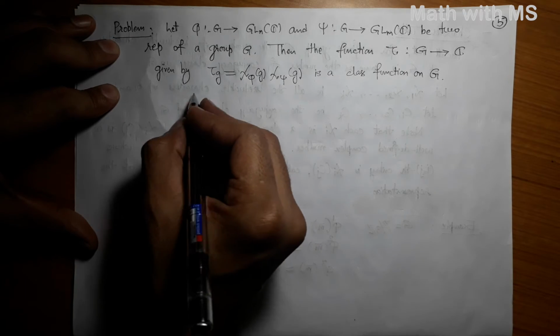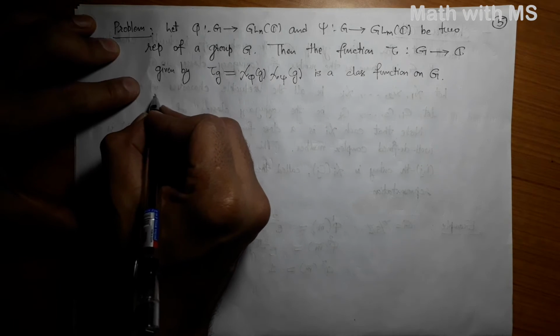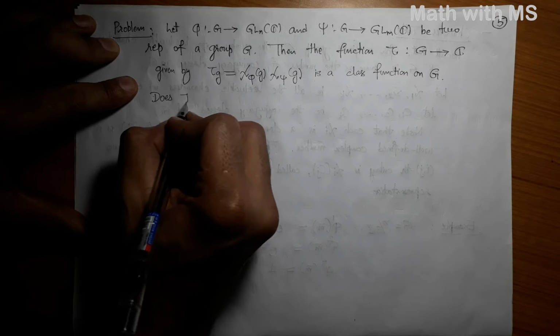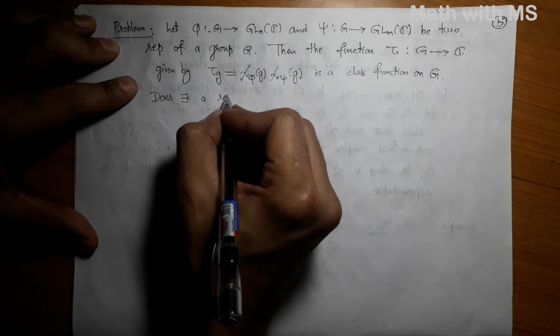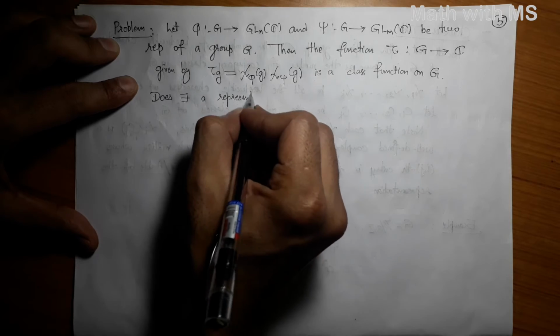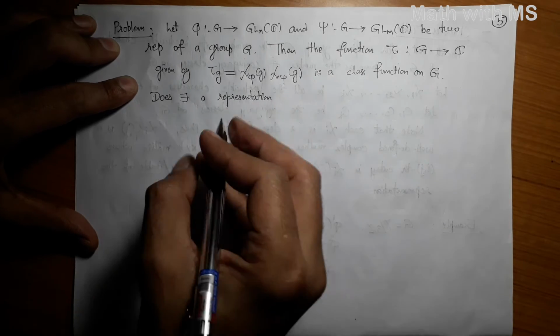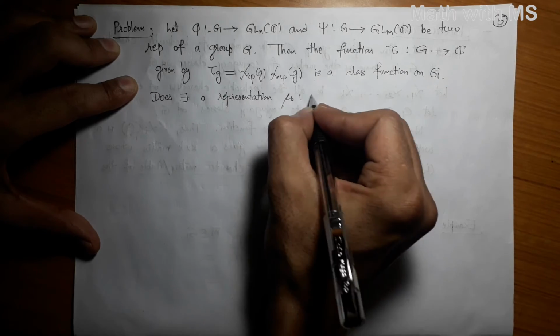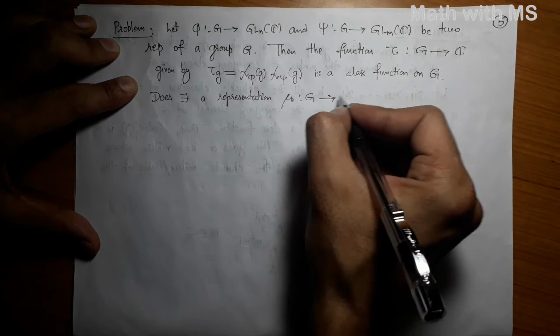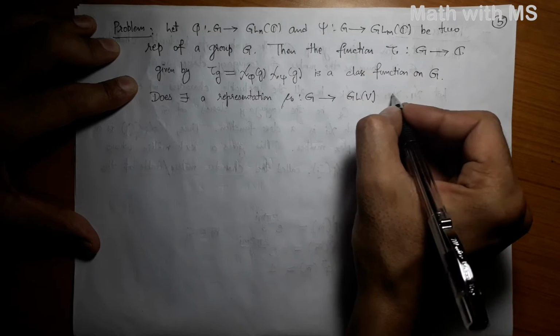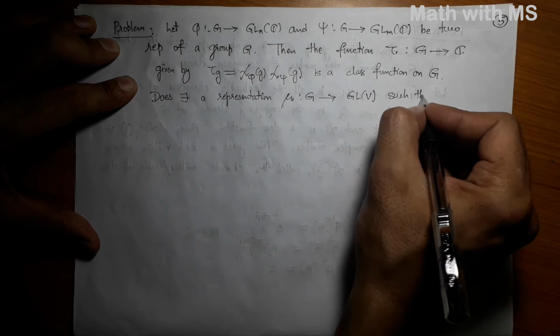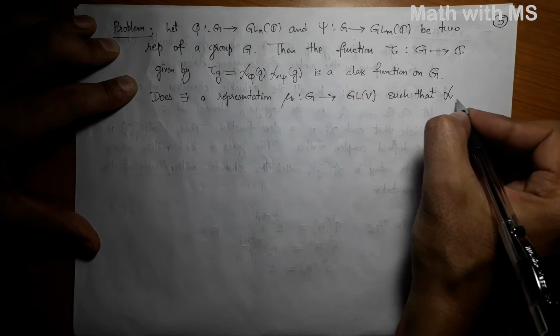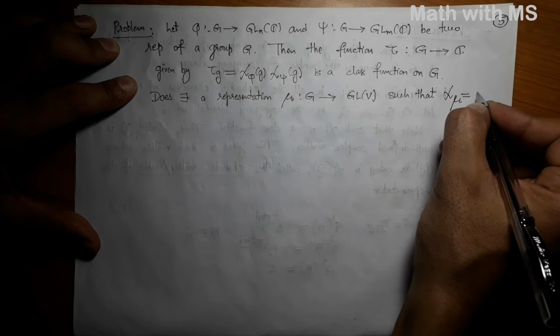So question is, does there exist a representation, let us call it mu from G to some GL(V), such that the character of mu is this tau?